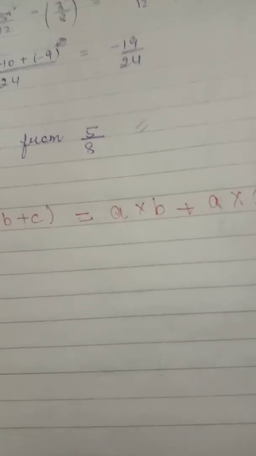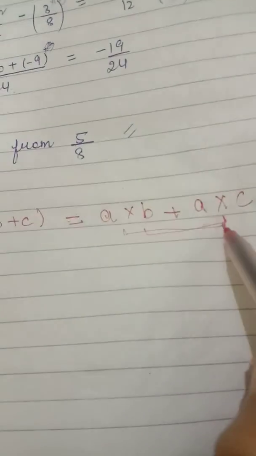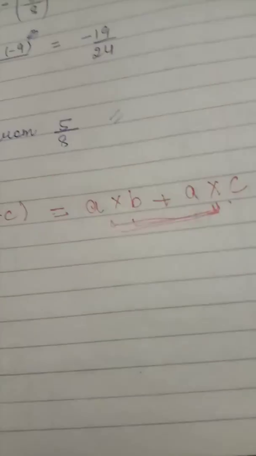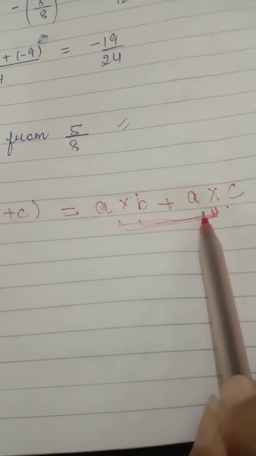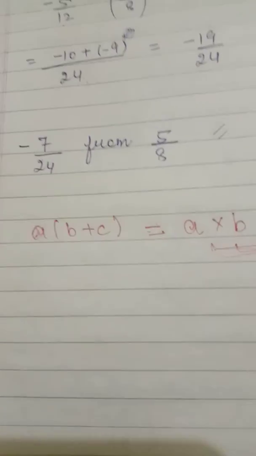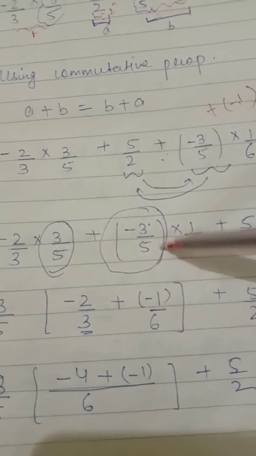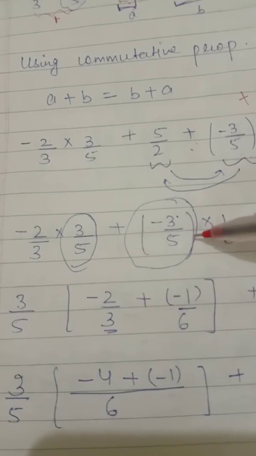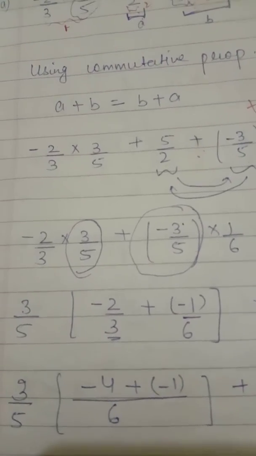So now in the question, these values are in the form of this. The question is given and I will apply the distributive property to change my question in this form. So I try to take 3 by 5 common from these two terms, okay, as this distributive property says.